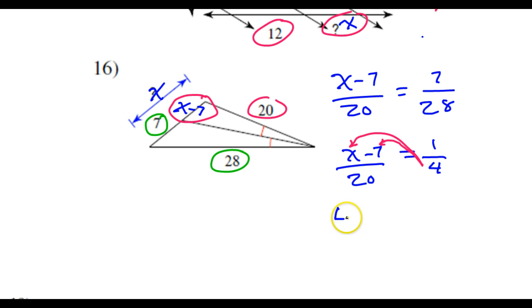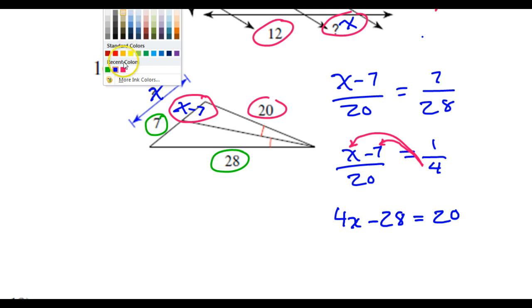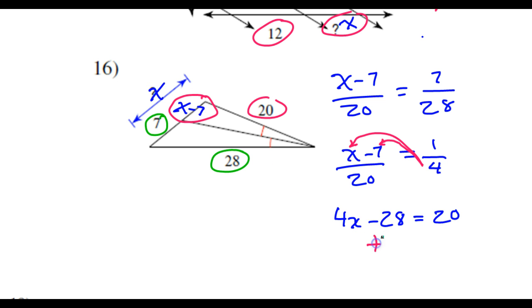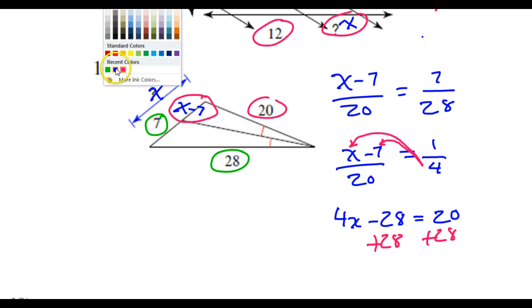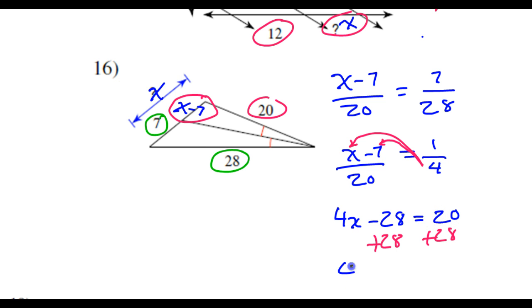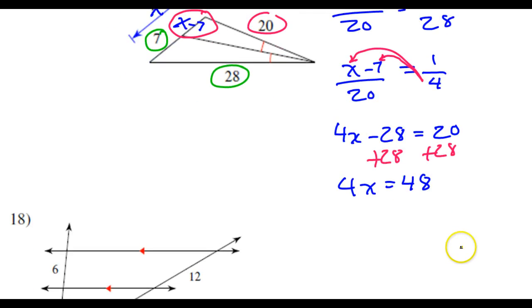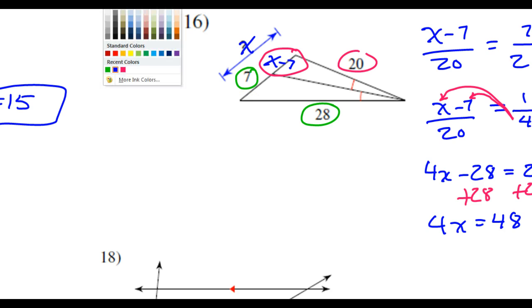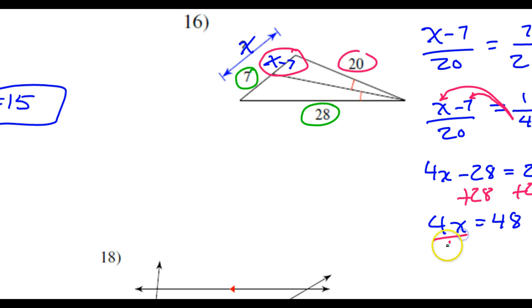So that'll make 4x minus 28 is equal to 20. So then you add 28 to both sides, and you get 4x is equal to 48. Then when you divide both sides by 4, you get x equals 12.